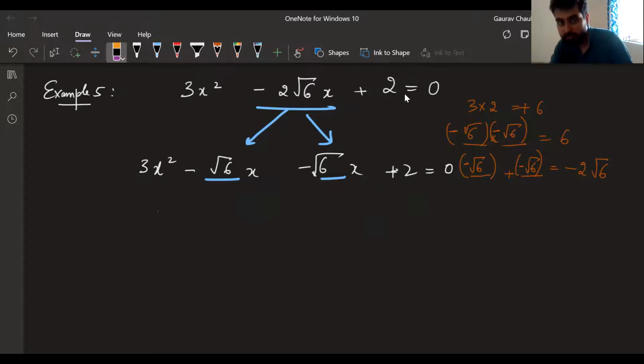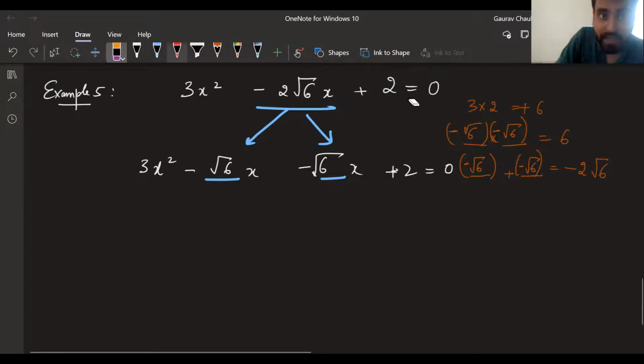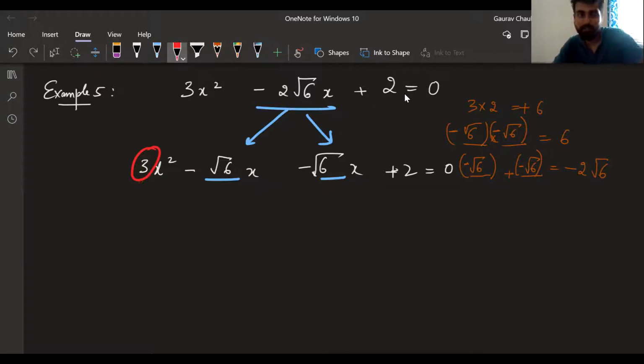We have to be a little creative and think. Actually, 3 can be written as root 3 into root 3, which I'm doing with the red pen. Same logic, okay?